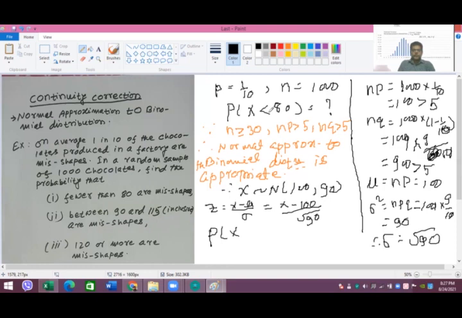Less than 80 means you write here less than 80, but 80 is at a discrete point. So if you do the continuity correction, which I am writing as C in short, then P(X < 80) means the continuous point doesn't include this 80, so we take the value below 80, and that should be at the continuous point that we have discussed earlier. After taking the continuous point, you can write X is less than or equal to 80 minus 0.5, which means it is 79.5.